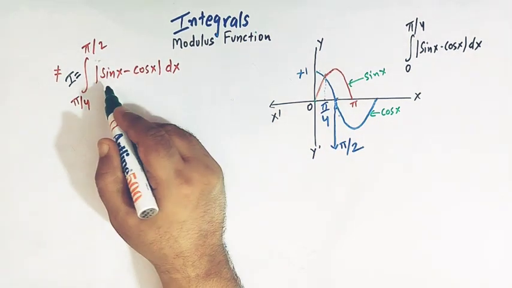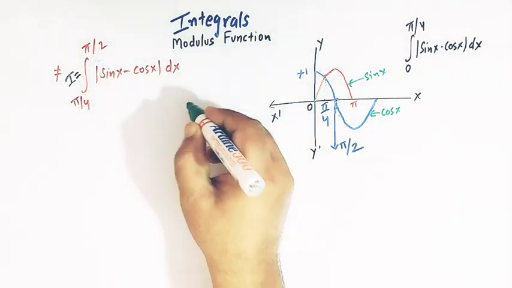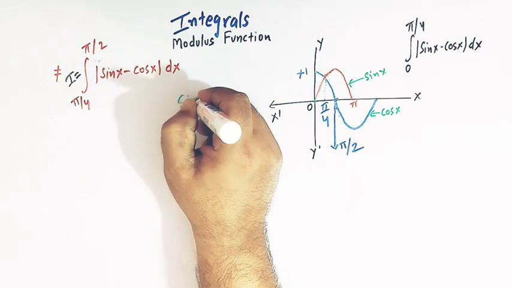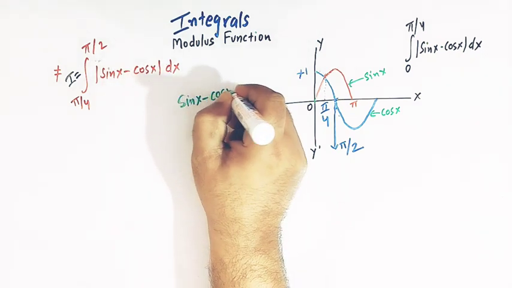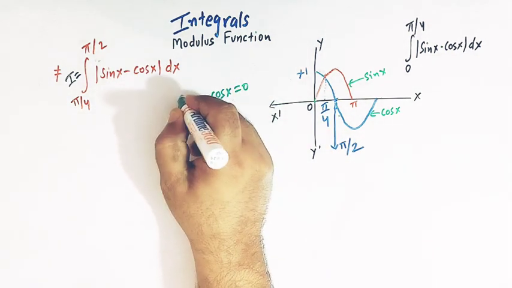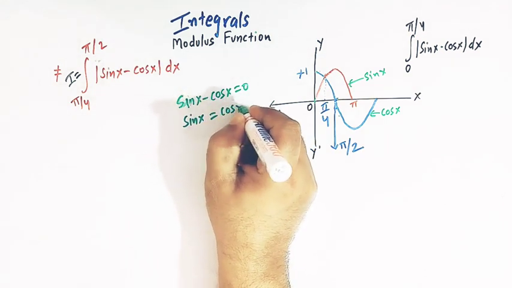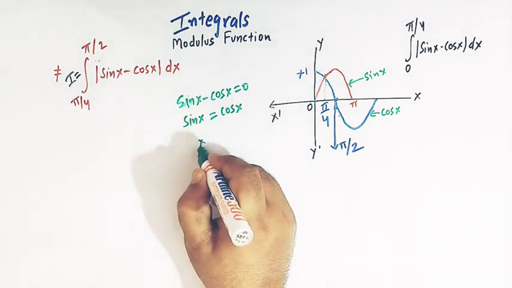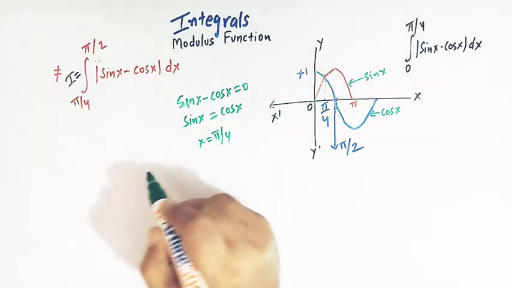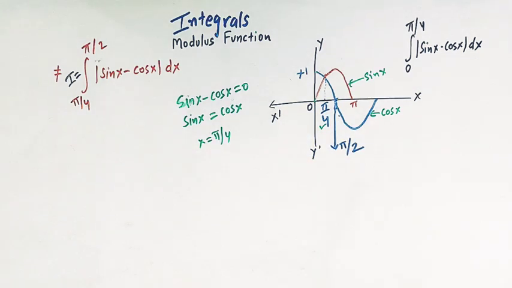Because if we take the quantity inside the mod function equal to 0, that is sine x minus cos x equal to 0, then sine x is equal to cos x, and for x equal to pi by 4, sine x is equal to cos x. So here we have this point pi by 4.